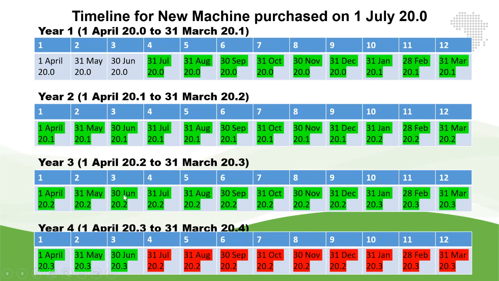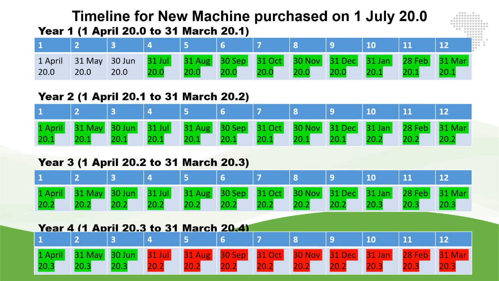So this asset was also with us for 12 months, from 1 April 20.2 up to 31st March 20.3. How do we calculate depreciation for that period? You say 60,000 rand times 25% times 12 over 12. Then you get the amount.